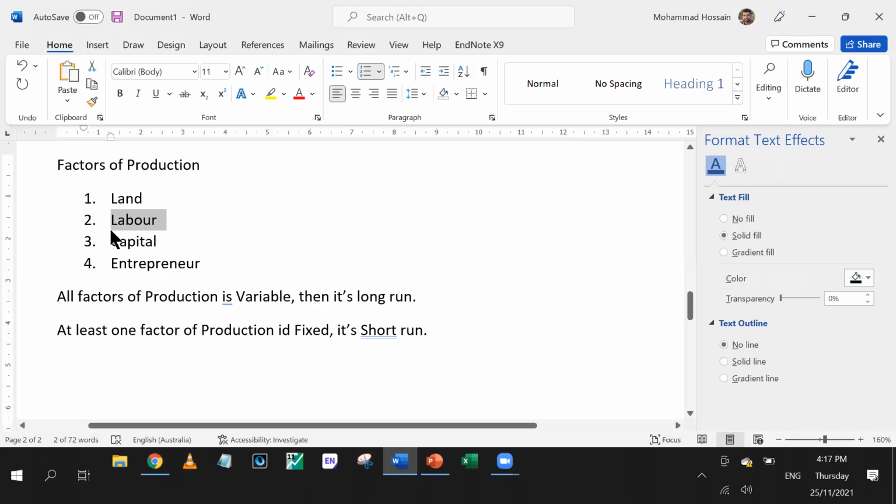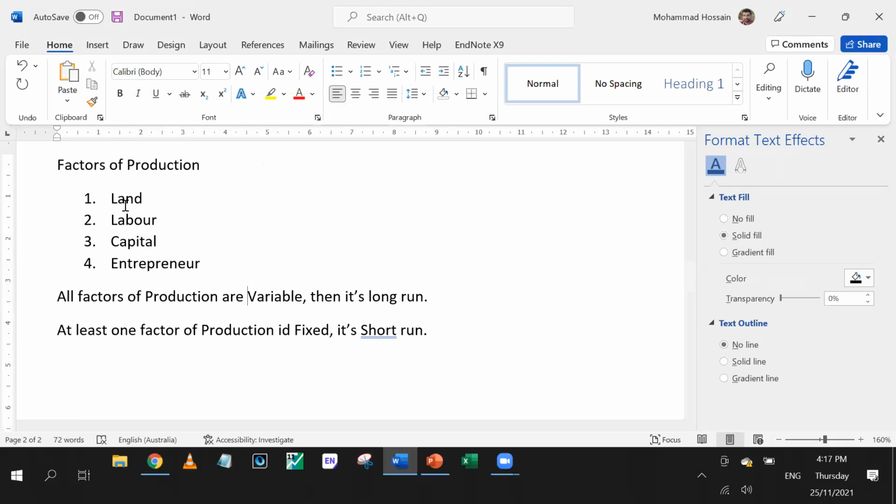When all factors of production are variable, then it's long run. When you change the land, you increase your labor, you increase your capital, you increase your management, all together, that means you have reached the long run of the business.